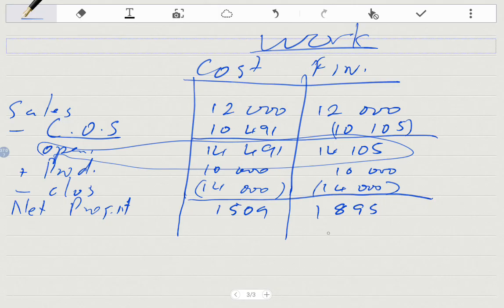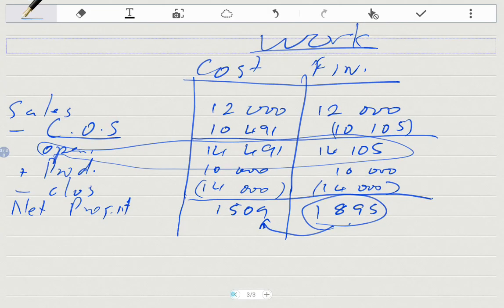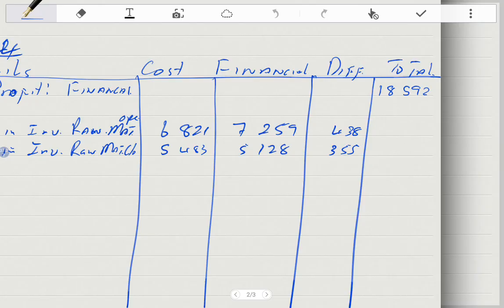Because of those two differences, the net profit as per the financial records is more than the one of cost accounting. So if you've been asked to take this profit and make it equal to this one, what are you going to do? You'll do the deduction. So you need to minus. That's what you'll do.